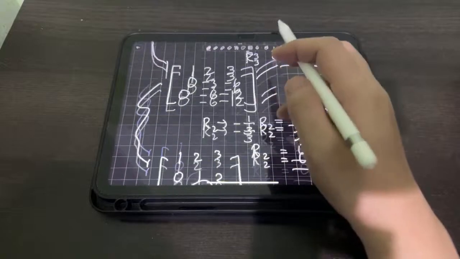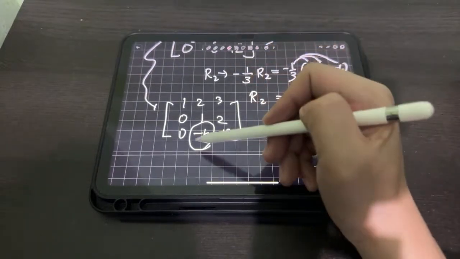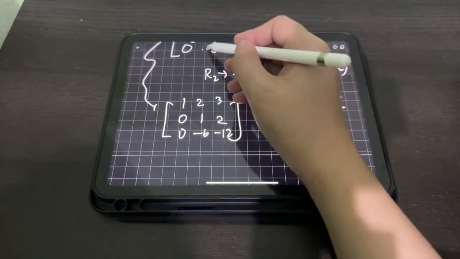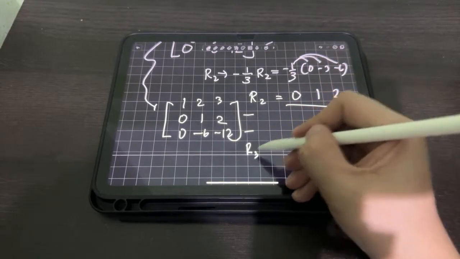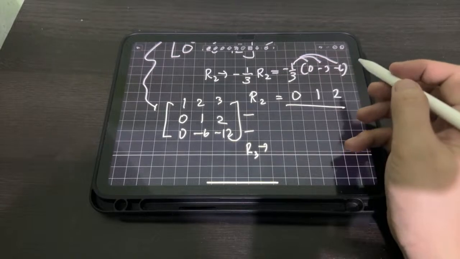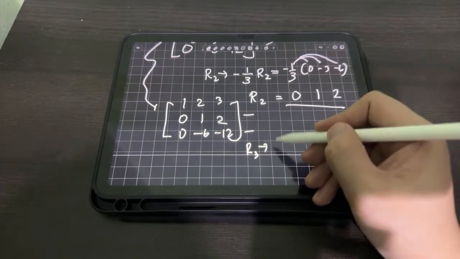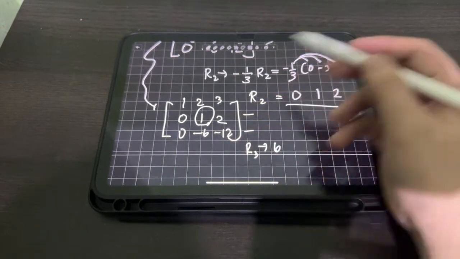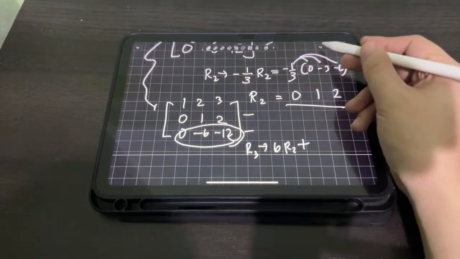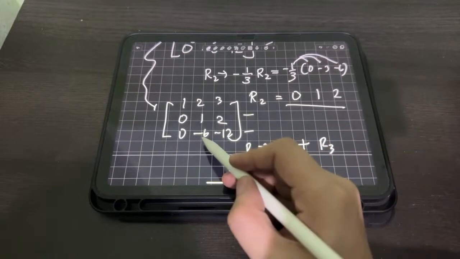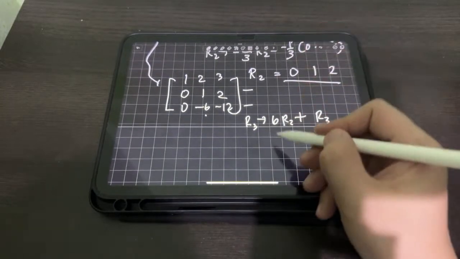So we can do that by using row 2 and row 3. The new row 3 can be equivalent to 6 times row 2 plus row 3, so that this negative 6 will become 0.